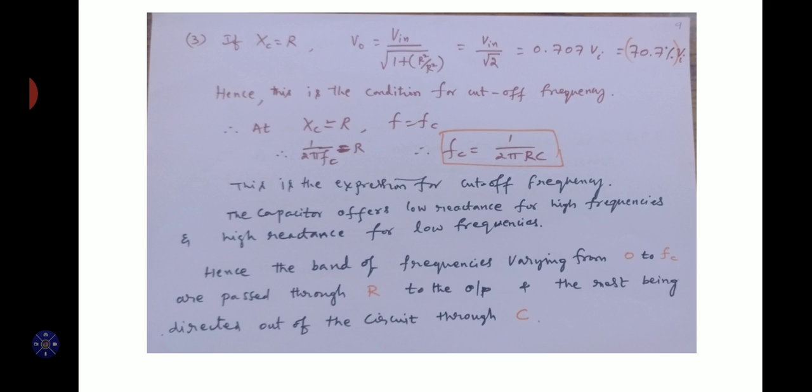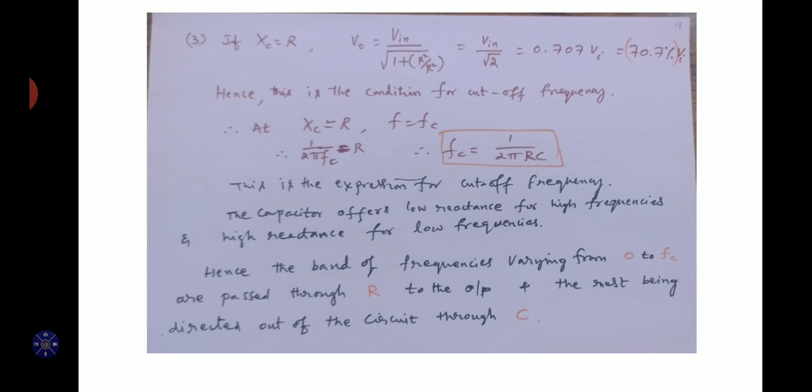Therefore, the cutoff frequency is defined as the frequency at which the gain decreases to 1 by root 2 times its maximum value, denoted by Fc. So this is the condition for the cutoff frequency.